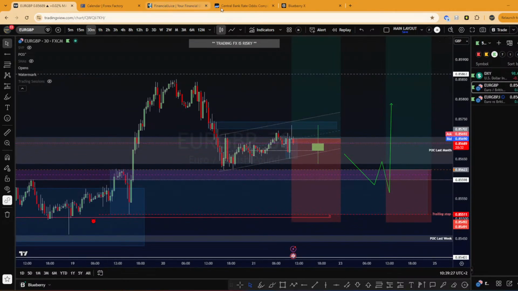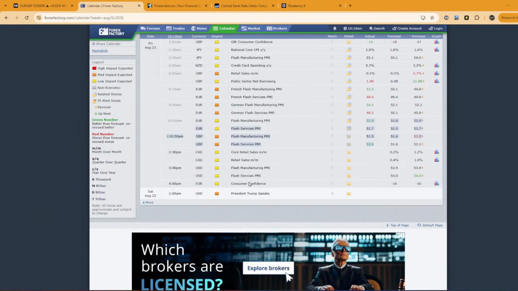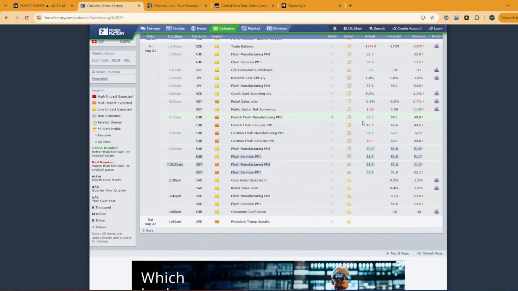I was expecting some volatility around the PMI release that we got this morning. So at the end of the day, not too much.